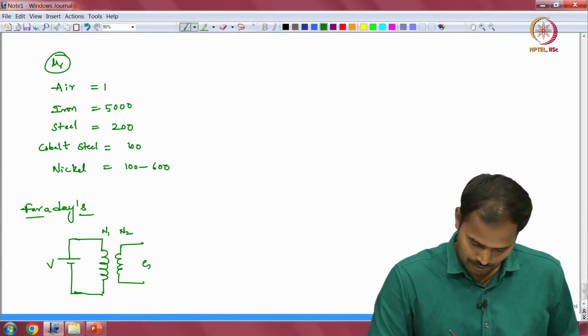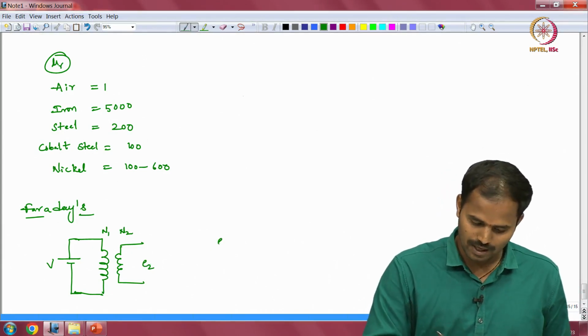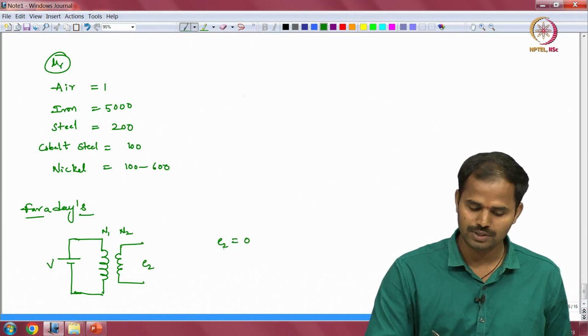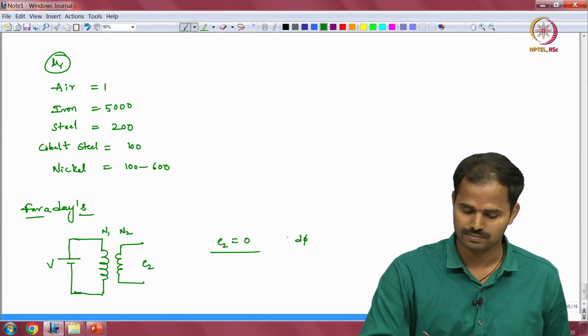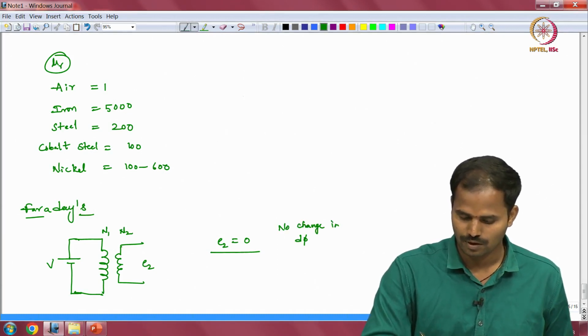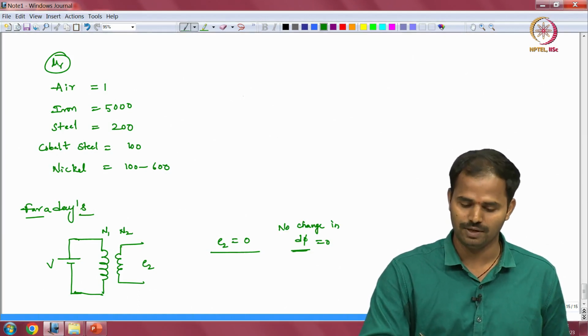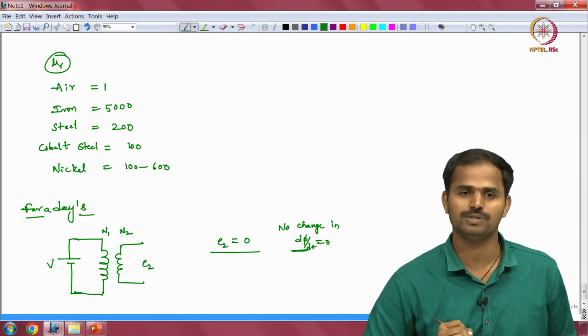Here the induced EMF is E2. If I give the DC voltage, the induced EMF is 0 because there is no change in flux, d phi by dt equals 0. Because of that we will not see any induced EMF.